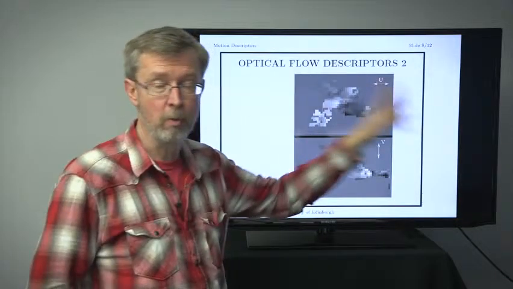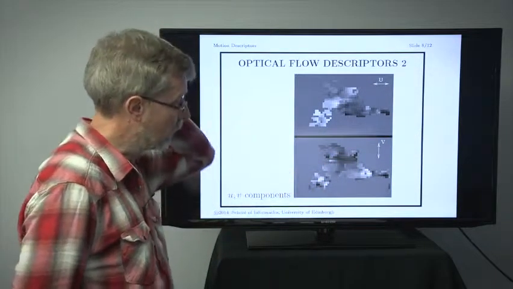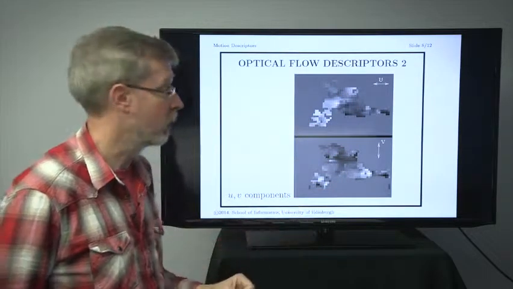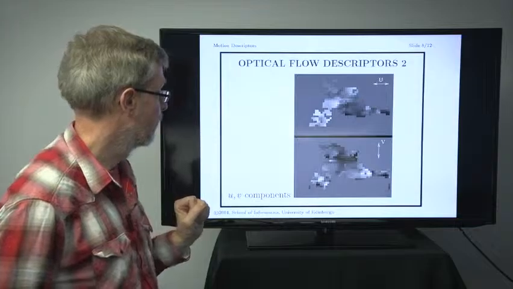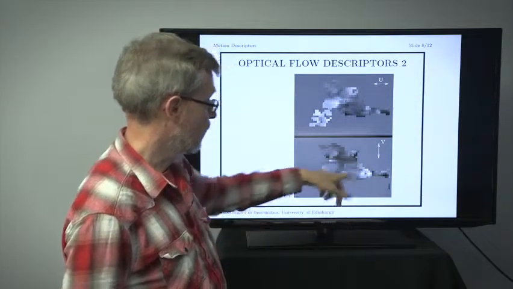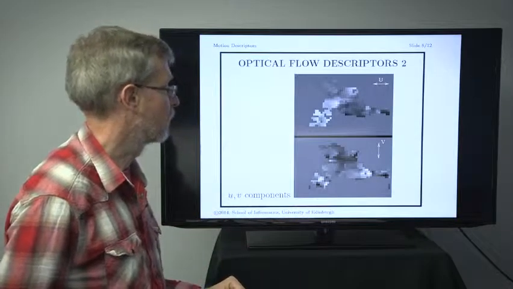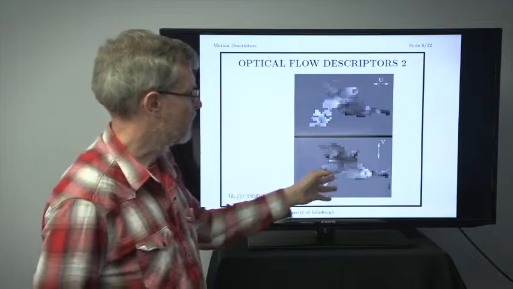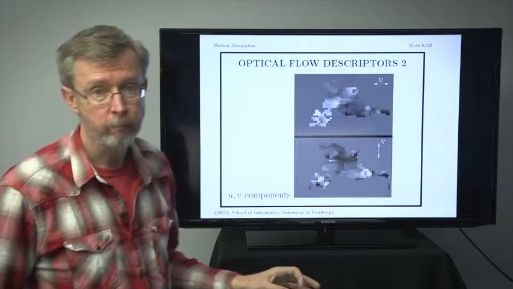Here it's quite dark, it means it's moving quite quickly in the opposite direction. And then there are neutral grays in here, which says that it's not moving very much in the horizontal direction. Similarly, here's the motion in the vertical direction, and you can see some bright spots and some dark spots. Well, one of the things that we notice about this is it's a little bit noisy.